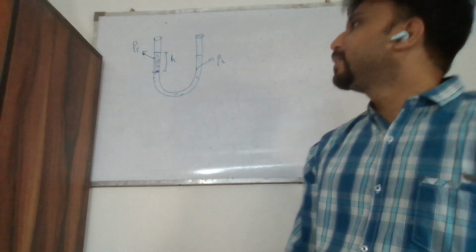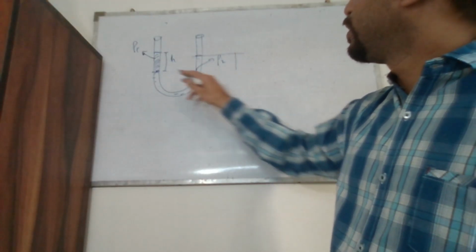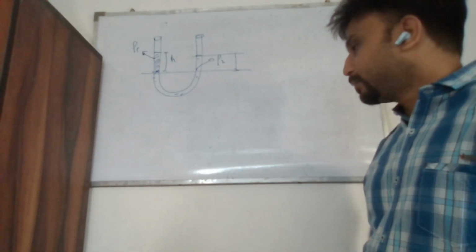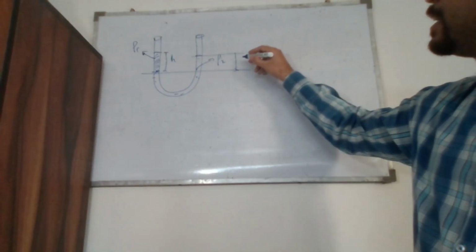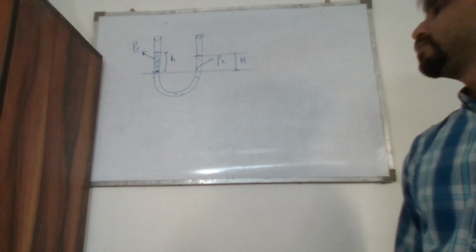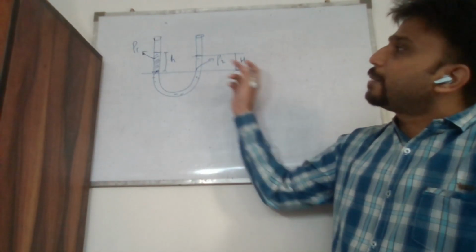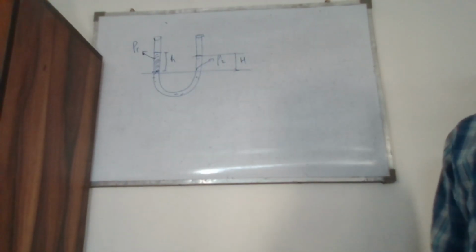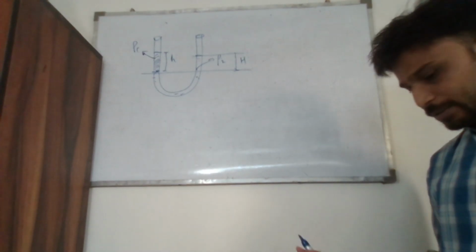So what would be the height of the other fluid, that is rho 2, over some common line? Let's say this height is capital H and this height is small h. If one of the factors is known, how would we find the other factor that we have to evaluate?